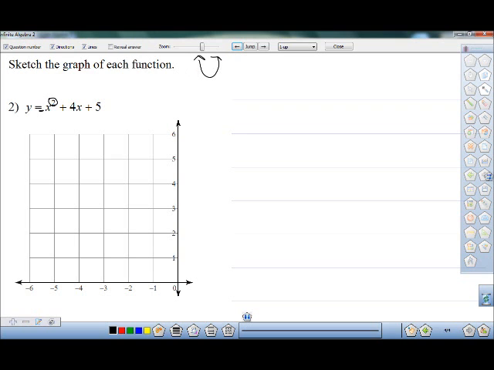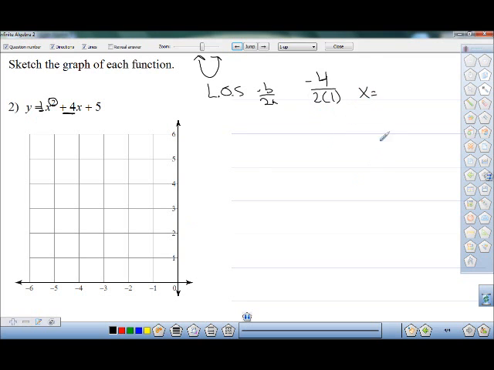So right now I know it's going to open up like a cup. Let's start in. Let's find my line of symmetry. Negative b over 2a. Negative 4 over 2.